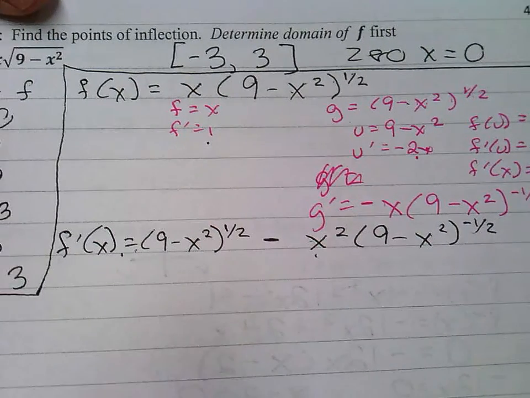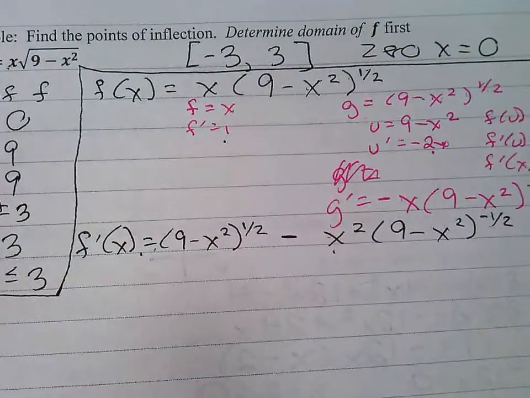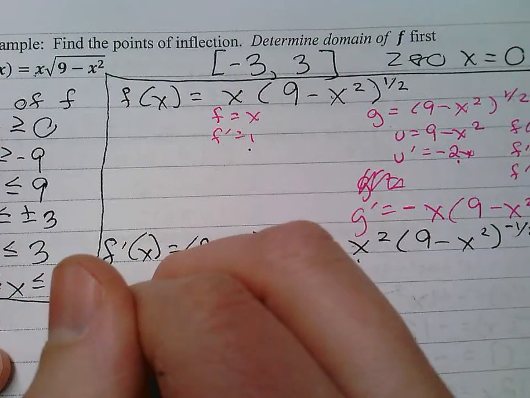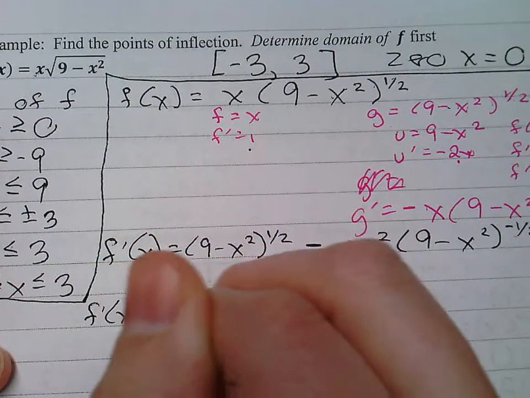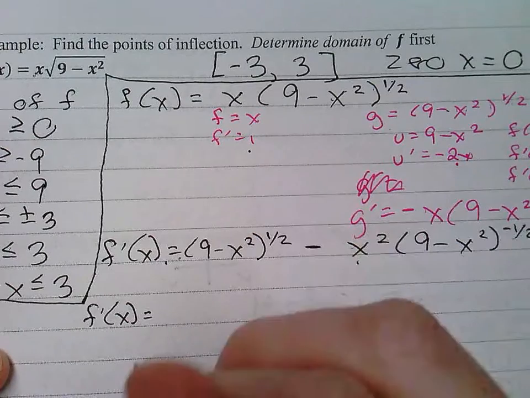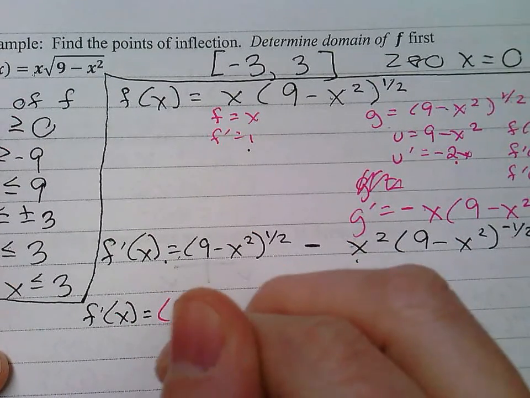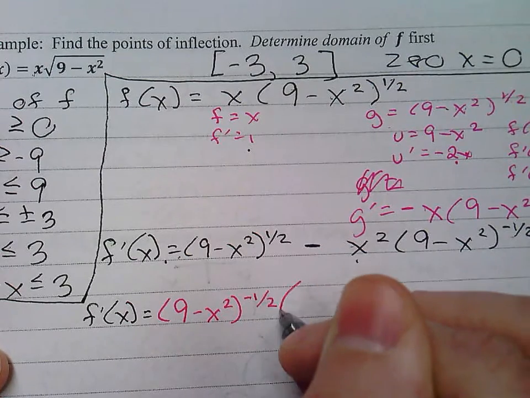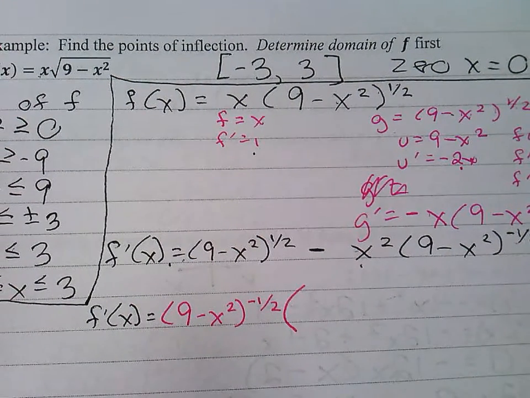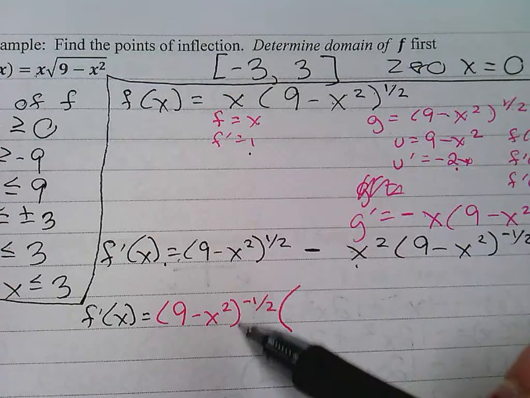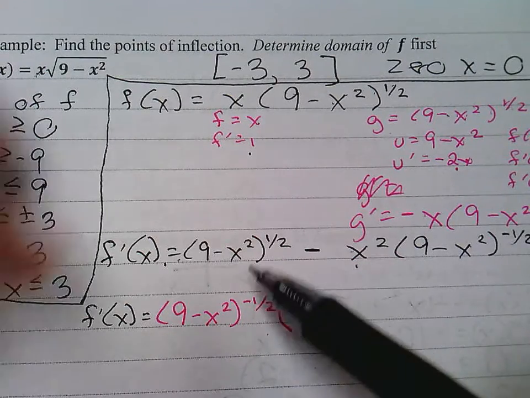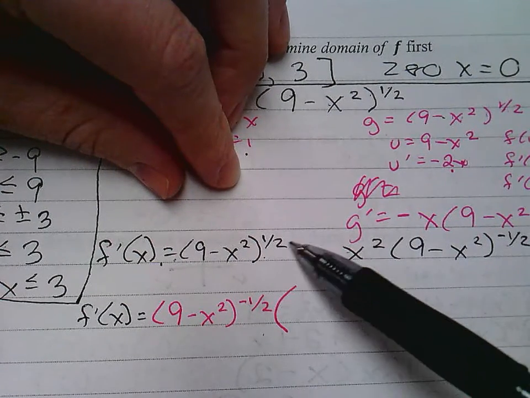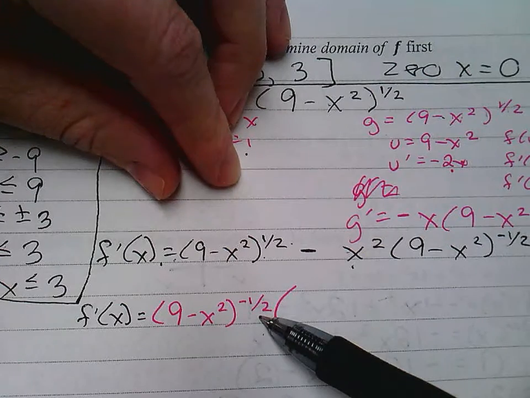So that's going to be f prime of x. I'm going to write the greatest common factor in pink so you don't get confused. So that's going to be (9 minus x squared) to the negative 1/2. Now you're going to go to each one. So you're going to do (9 minus x squared) to the 1/2 divided by that. You subtract the exponents.